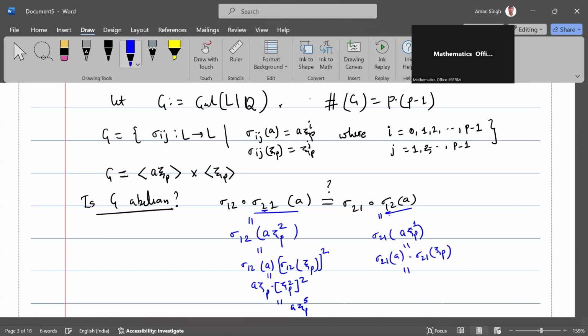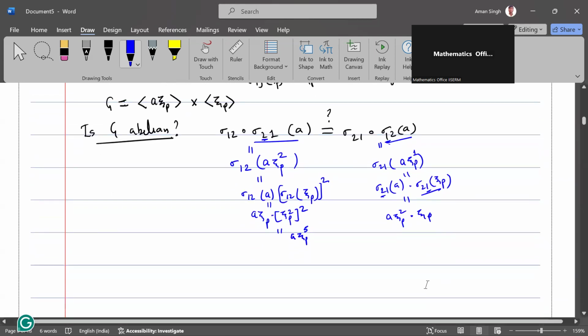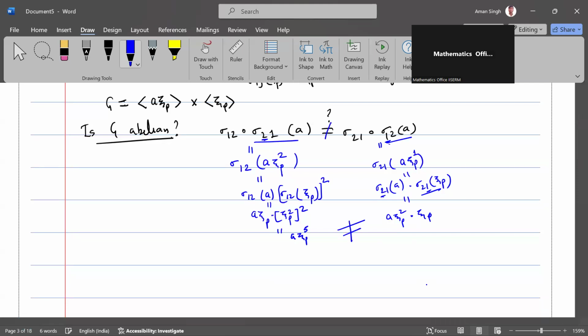And this is equal to zeta P power 2 into, this goes to zeta P only, right? Because here we have 1. So what is this? These are not equal. So this is not equal. Okay, this answer is no.